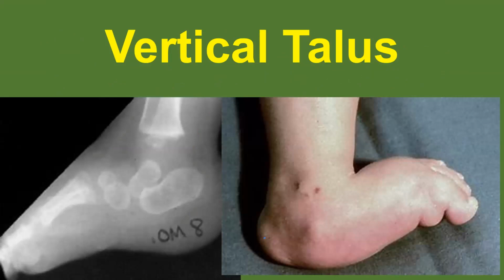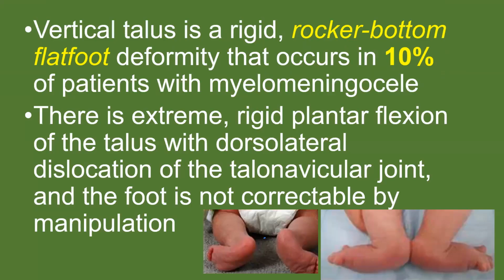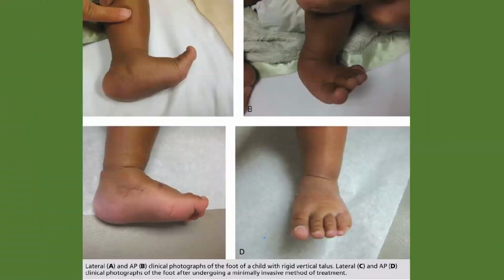If it's early, you can treat it by soft tissue interposition and pinning of the talus in a more horizontal position to reduce the lateral dislocation of the foot. These are the deformities that one can have. And once this is corrected, you can have a plantigrade foot, but you have to follow them up because recurrence is quite high in myelomeningocele.